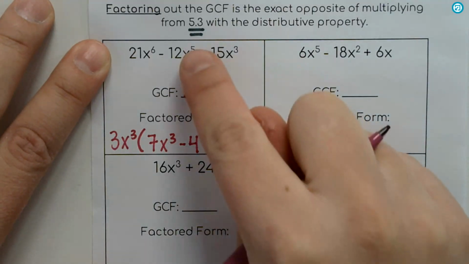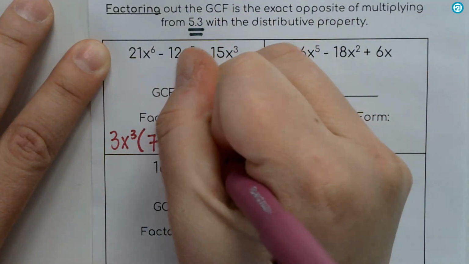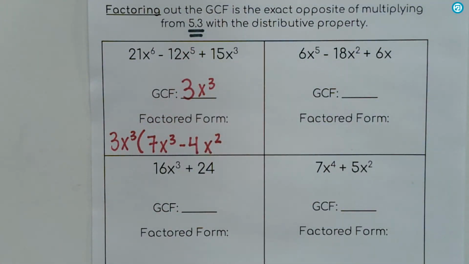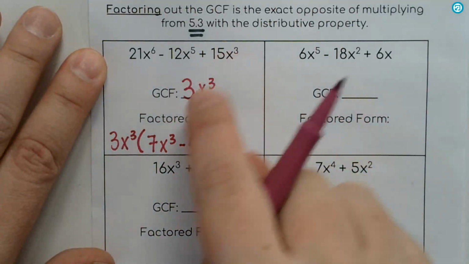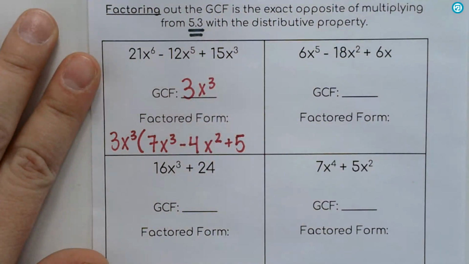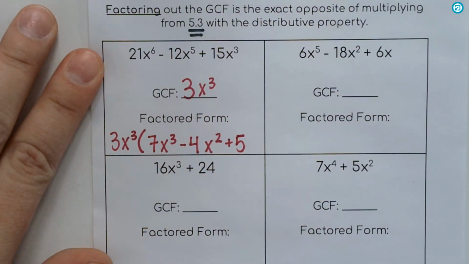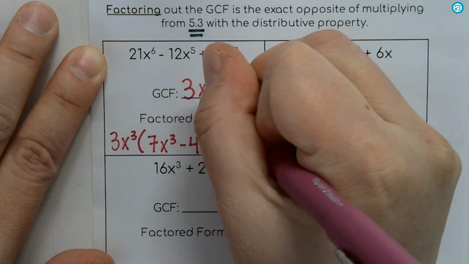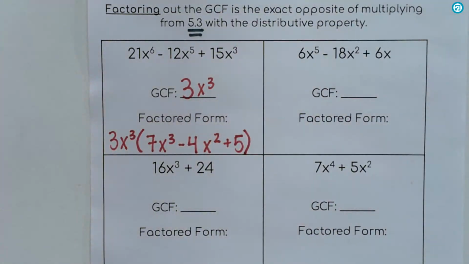Subtracting my exponents, 5 minus 3 is 2. And then 15 divided by 3 is 5. 3 minus 3 is none. There are no x's left on that last term. We can go ahead and just close our parentheses.